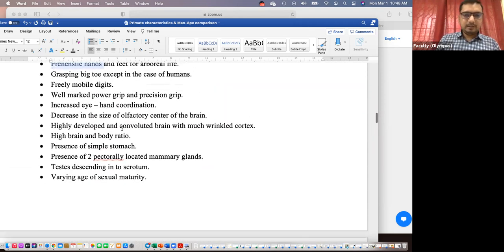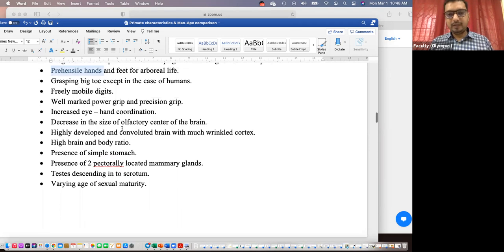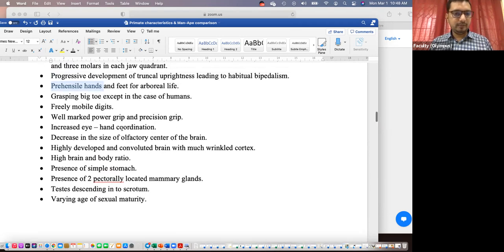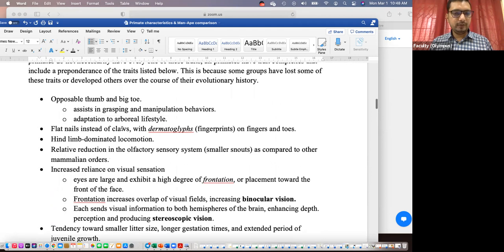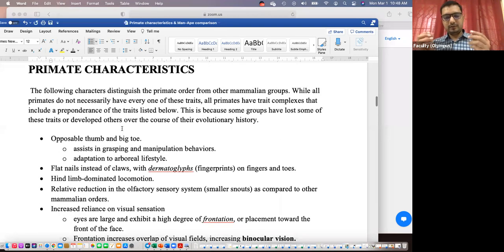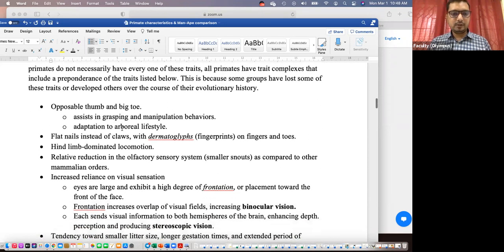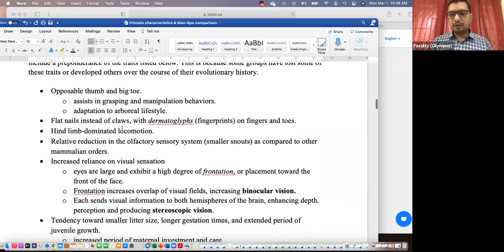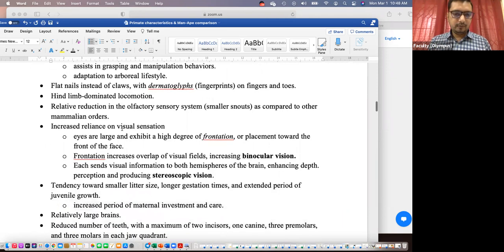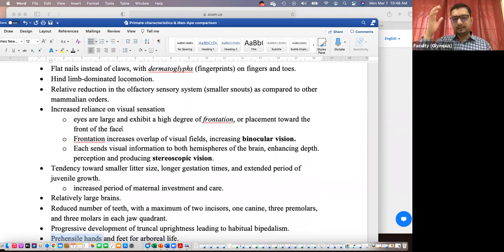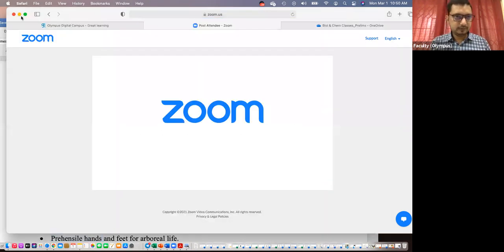There are many others that I'm going to cover as part of the primate specifics, but these things are mostly important for us. How our arms have changed. Opposable thumb is very important. We also talked about hind limb dominance, decrease in sensory system, increase in vision, and increase in brain size over a period of time. So you can see how this has increased.